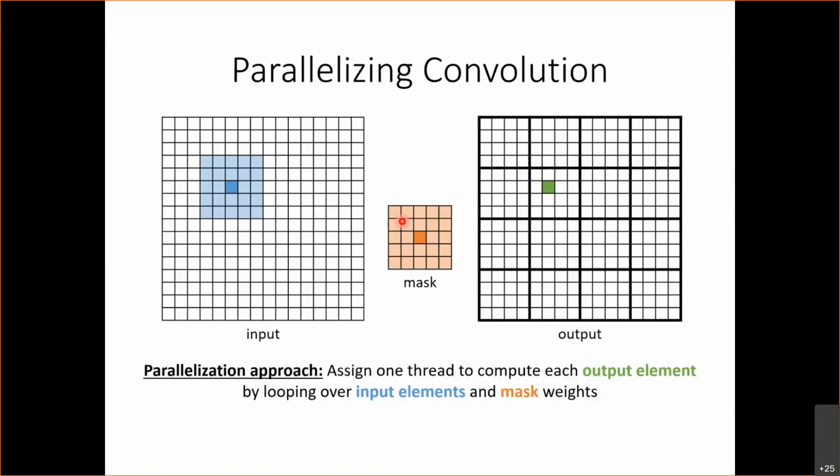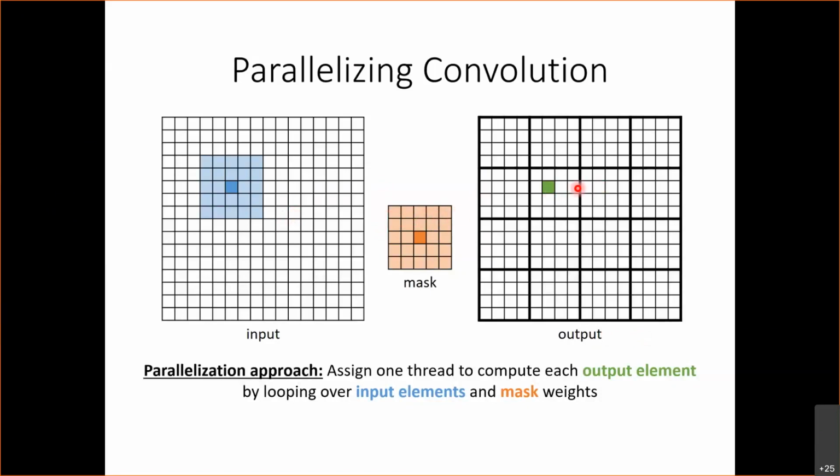You could do that, but that's only going to be beneficial if you have very little parallelism in your output. But if this output is thousands of pixels by thousands of pixels, you already have a lot of parallelism from just assigning a thread to every output. So there's no benefit in trying to extract more parallelism by also parallelizing the weighted sum itself.